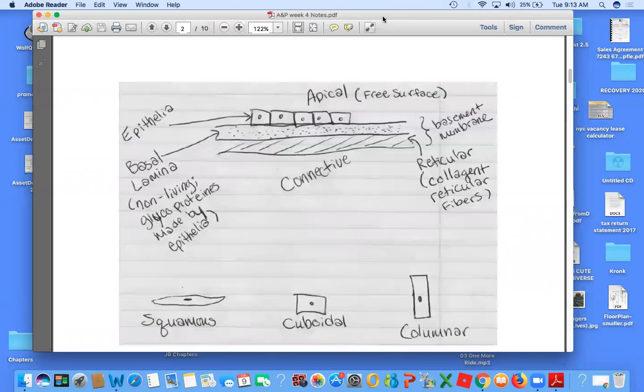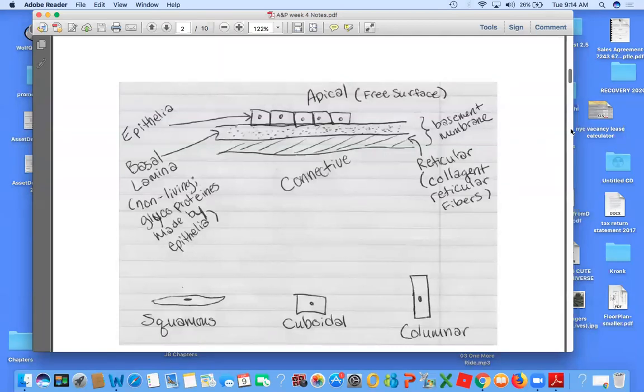Always, always, always there's a free surface of the epithelial tissue, okay? What does the free surface mean? The free surface means it is open to the lumen of the body. Lumen means open area, or open to the outside world.